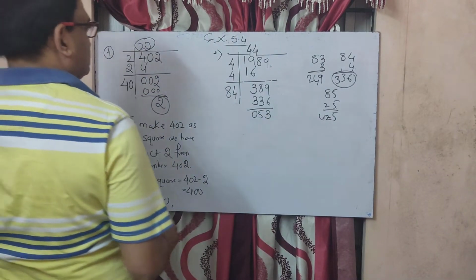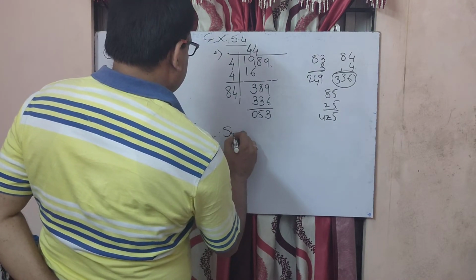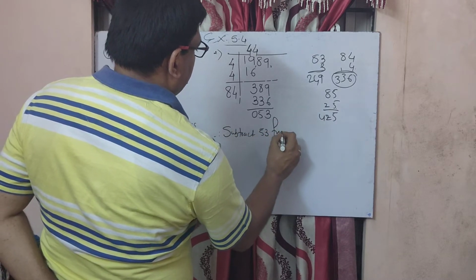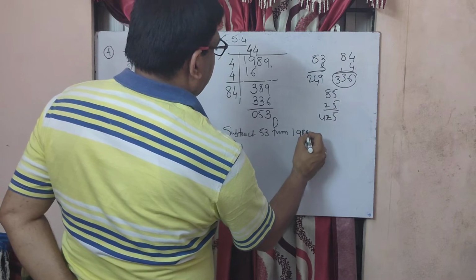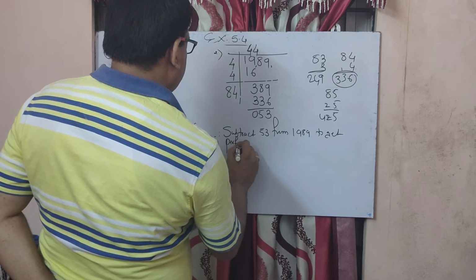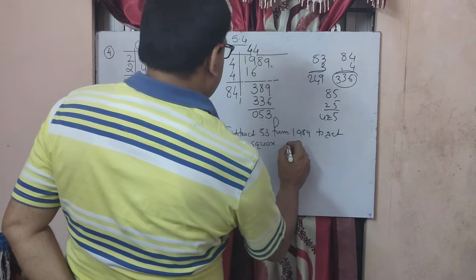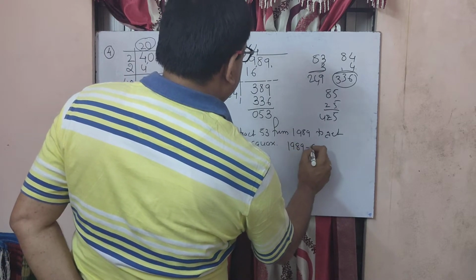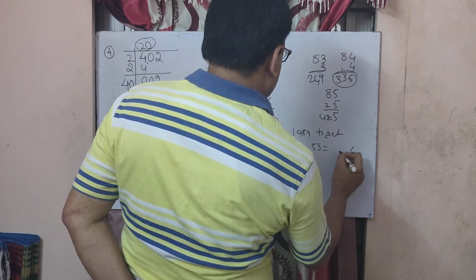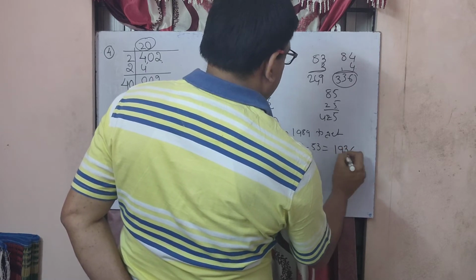So now, therefore, you can say, subtract 53 from 1989 to get a perfect square. So 1989 minus 53 is how much? 1936.